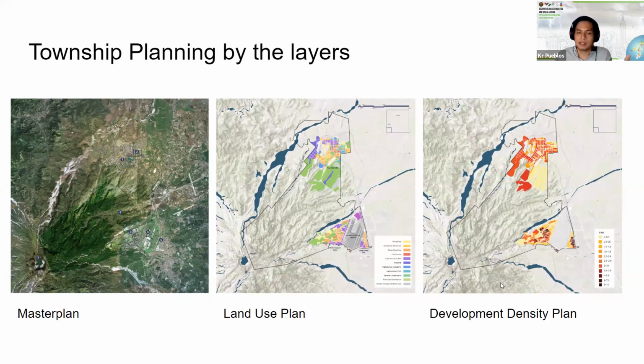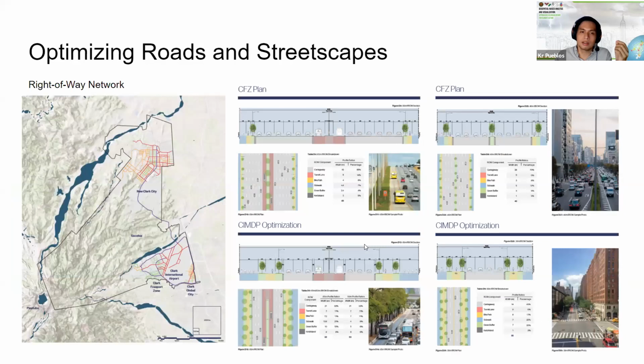And so that started also with looking at the right of way network. Up top, you can see what the current plan was. So it's something like Commonwealth 6x6, Highway 7x7, and then we looked at capacities. We looked at how people would be traversing these areas.